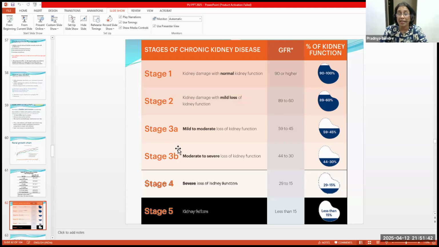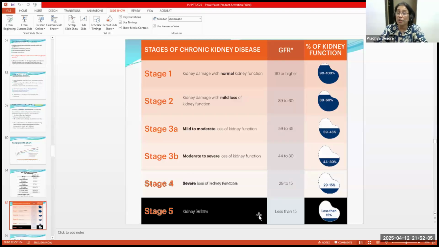You need to be more aggressive, more sensitive in taking them back to stage 2 or stage 1, because these are the reversible stages. When they go to stage 4 and stage 5, then the majority of the role of the pediatric urologist is stabilization of the bladder and delaying transplant as much as possible.